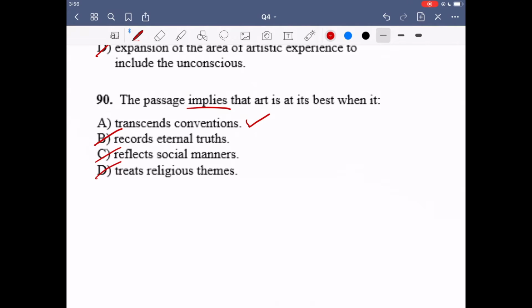Finally, option D, we also remove that. Art is at its best when it treats religious themes. No. Religious themes was used when we had that example. The person who was trying to make art for the lower classes accidentally made it a religious looking painting. And if anything, the author had a problem with that. It shouldn't have looked religious, and the problem was the convention of how the person learned.